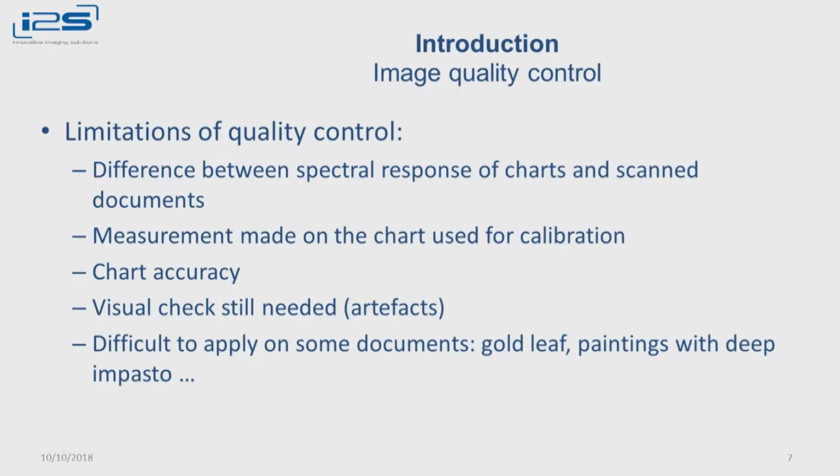There are some troubles sometimes with the charts' accuracy. The charts are not perfect. You will still need a visual check for artifacts, like, I don't know, a bad pixel in one corner or something we cannot detect by the charts. And it will be difficult to apply on some documents, like gold leaf painting with 3D, everything.